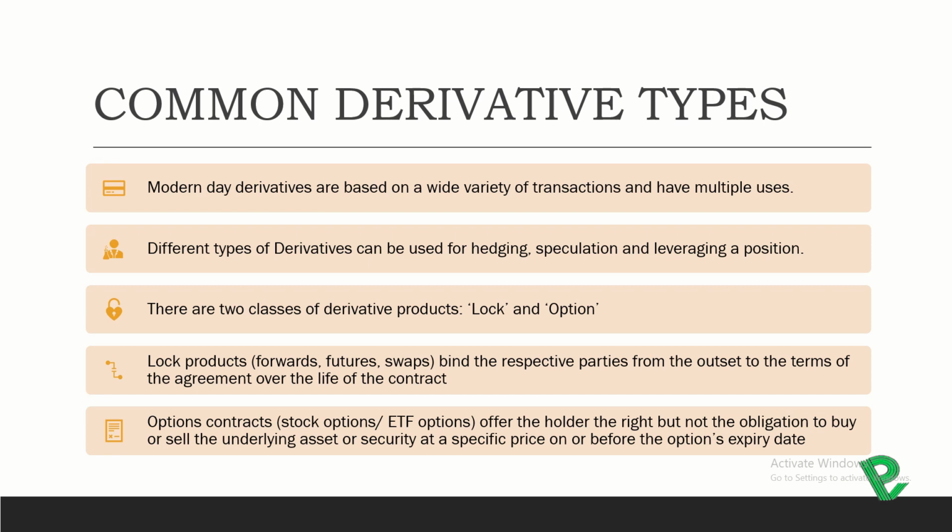Lock products such as forwards, futures, swaps bind the respective parties from the outset to the terms of the agreement over the life of the contract. Option contracts such as stock options or ETF options offer the holder the right but not the obligation to buy or sell the underlying asset or security at a specific price on or before the option's expiry date.